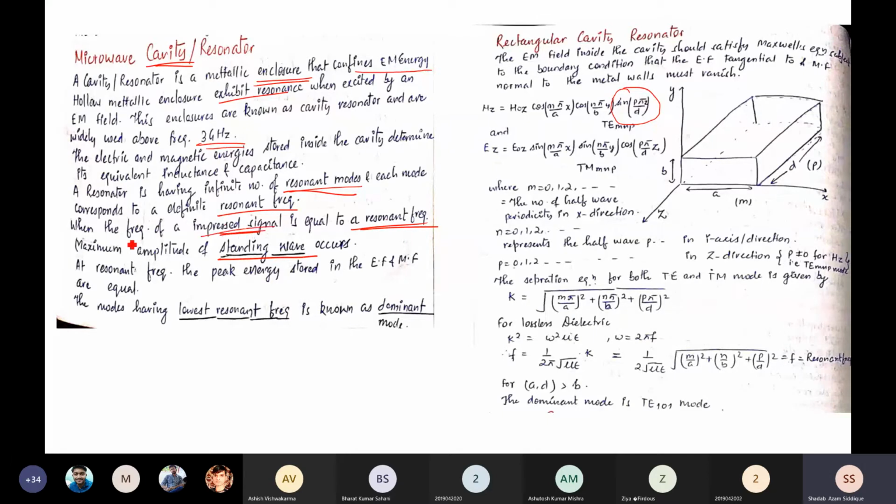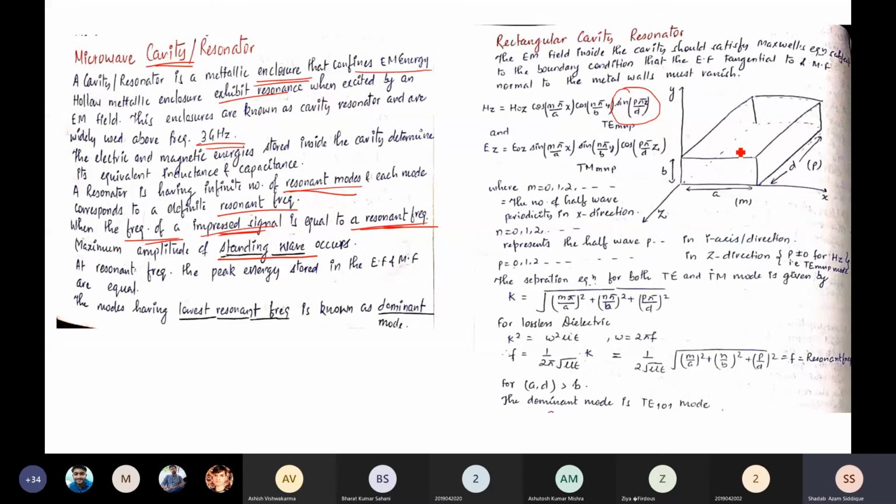And here, the applied wave strikes the walls, and that makes a standing wave inside this waveguide. Of course there will be loss in terms of heat, but we try to reduce the heat as much as possible.